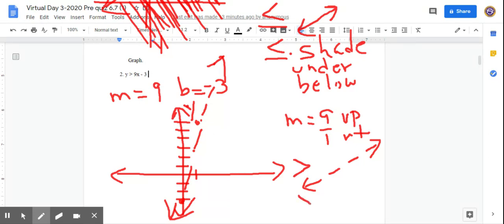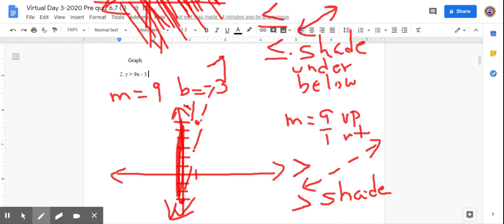Now we have to decide if we're going to shade above or below the line. Okay, it's greater than. Look at your y-axis. Where do the values of y get bigger? They get bigger as they move up the axis. See, they're getting bigger. -2, -1, 0.